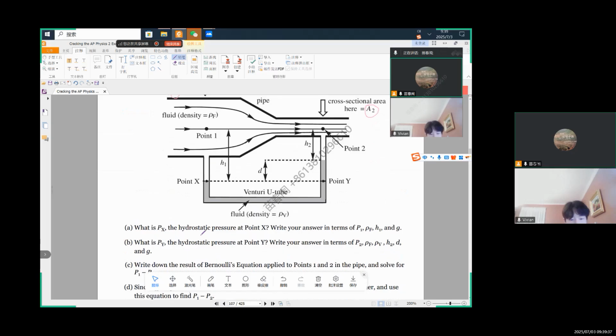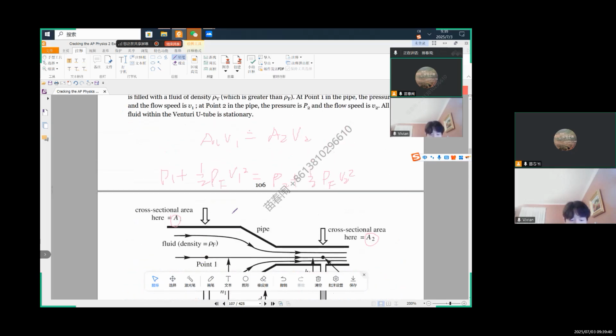So we're going to get P1 minus P2, because this is kind of popular this way, equals rho F V2 squared minus... remember what we did last time? If it is V2, I'm going to change V1 into A2 over A1 times V2, right?